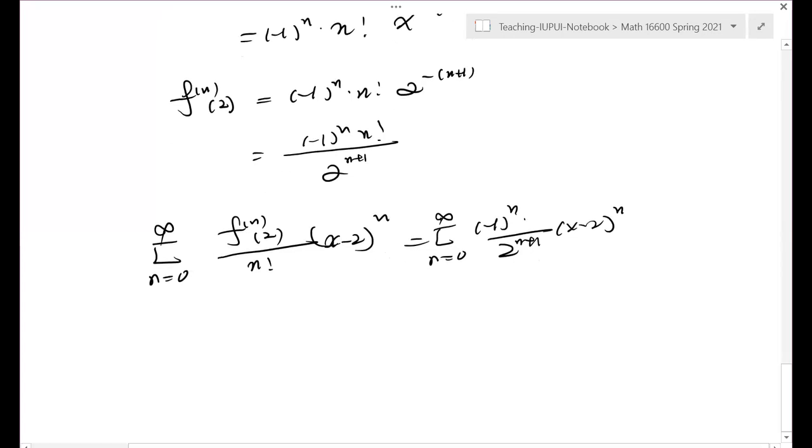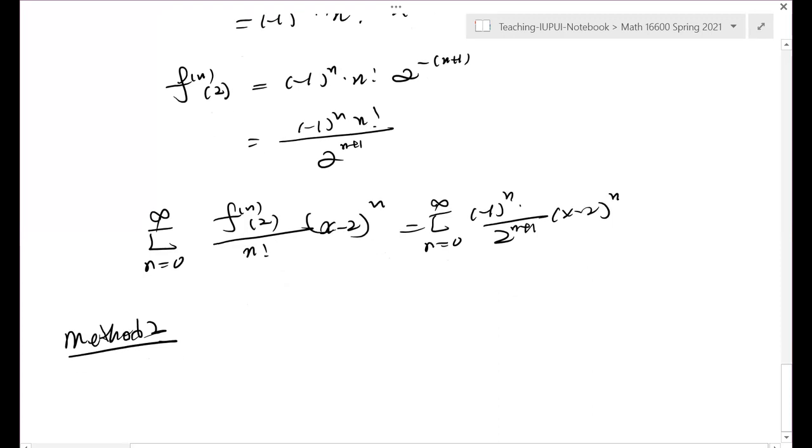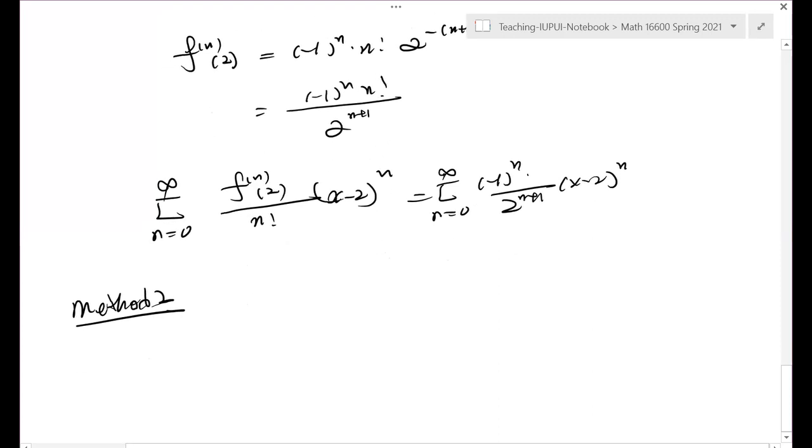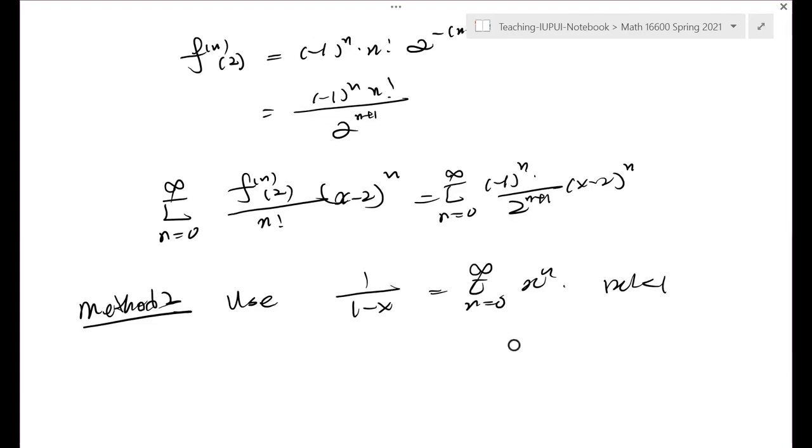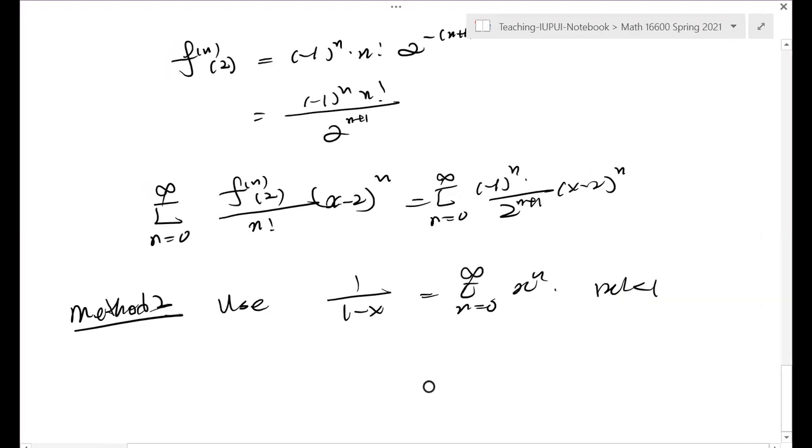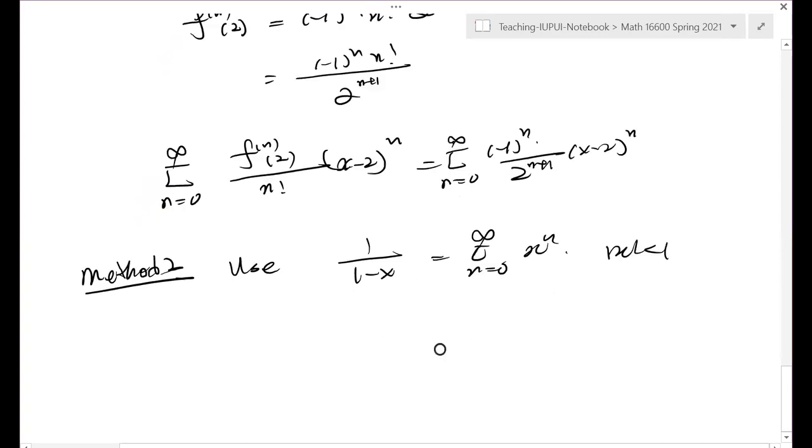So how can I use a known result to solve the problem? Use this result. This result says that this power series on the right hand side is convergent to 1 over 1 minus x for absolute value of x less than 1.